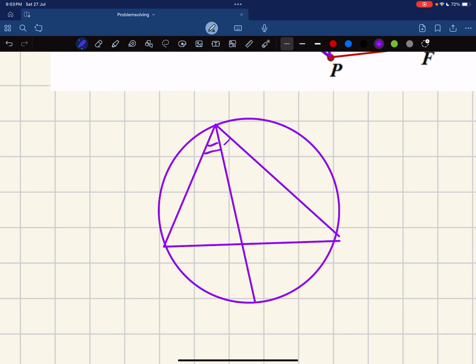If here it is the angular bisector of angle A in triangle ABC, then P is on the perpendicular bisector of BC, right?